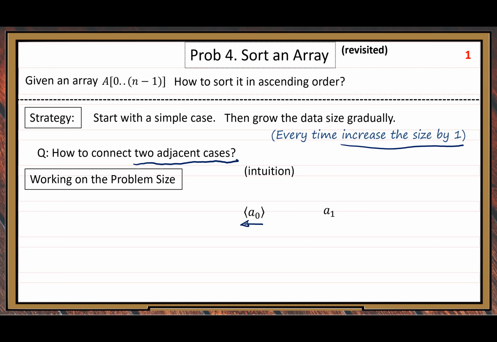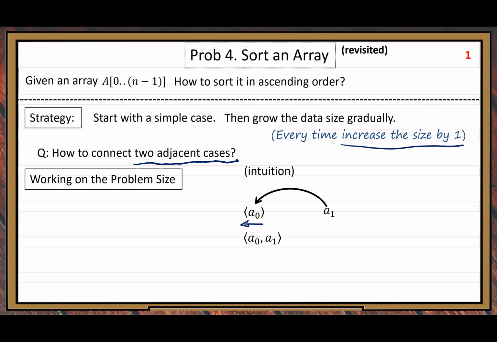So we want to add A1, join the elements in the current sorted array, and make the result array also sorted. That is our plan. You can imagine that by one comparison, this big arrow, you will get it sorted.